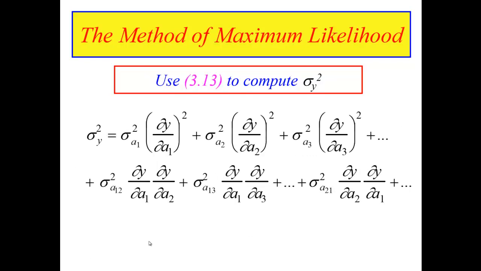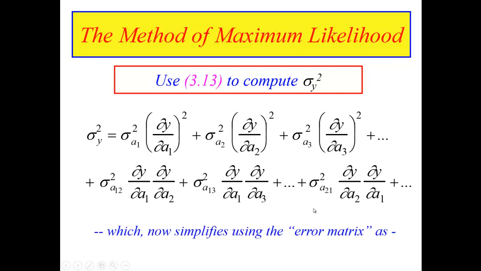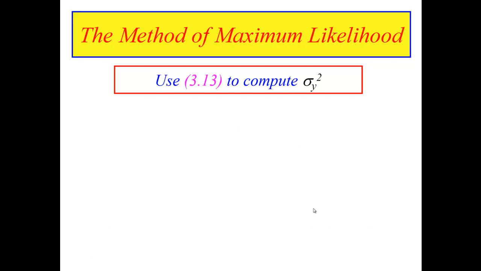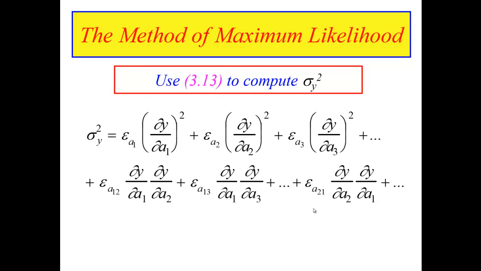So we're almost done. Going back, that sigma_y squared, according to equation 3.13, is the sum of all of these terms that have the variances, and then the sum of all the terms that have the covariances. And now this simplifies using the error matrix into the form like this, where again the diagonal terms in the error matrix give us these individual a_1, a_2, a_3 terms.